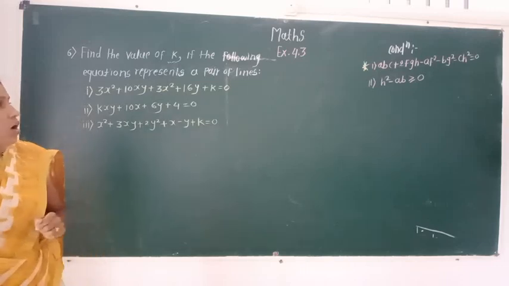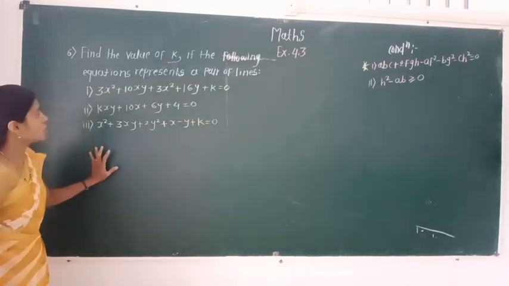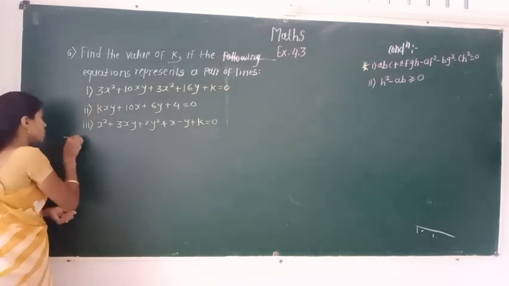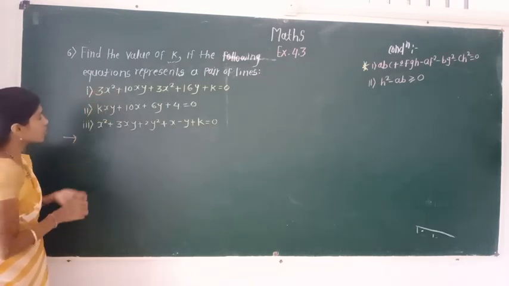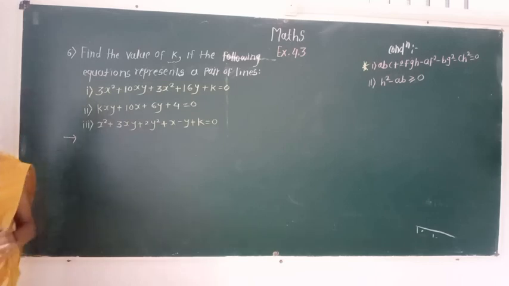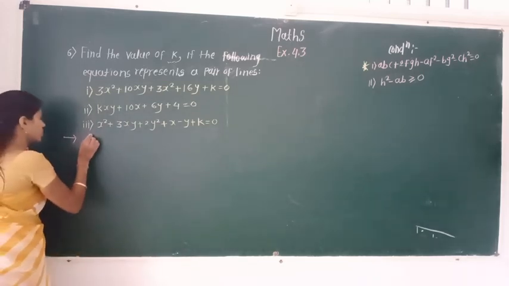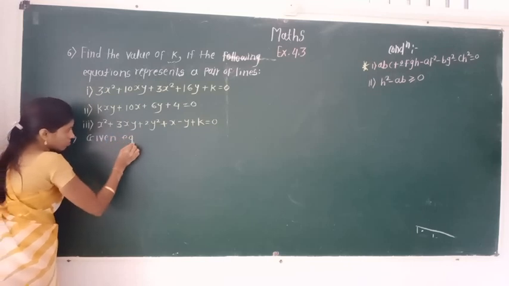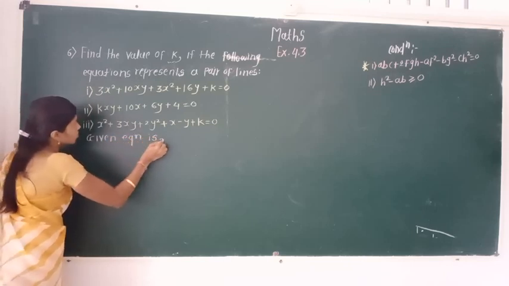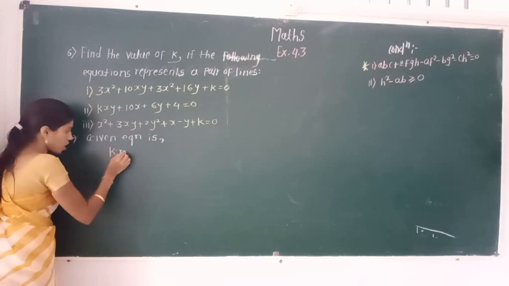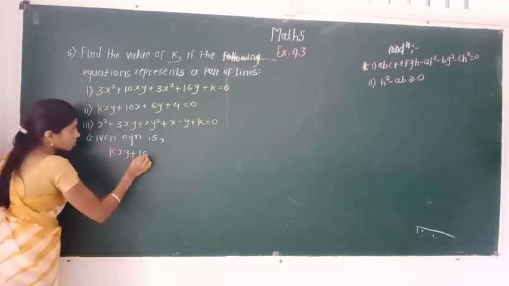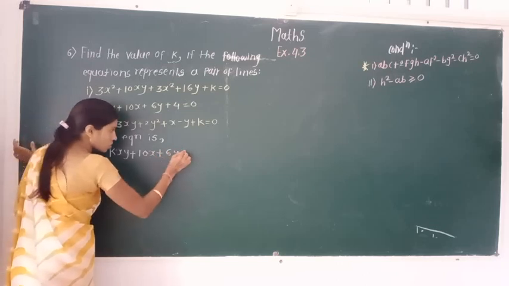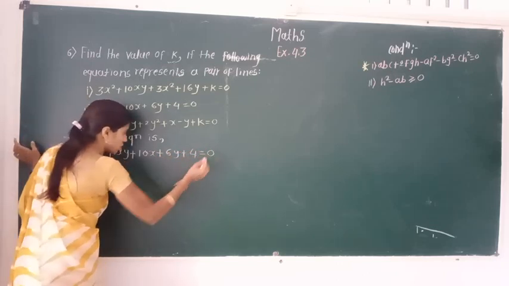So first of all we have to find the values of ABC and FGH. So here we can write the given equation. The given equation is kxy plus 10x plus 6y plus 4 is equal to 0.